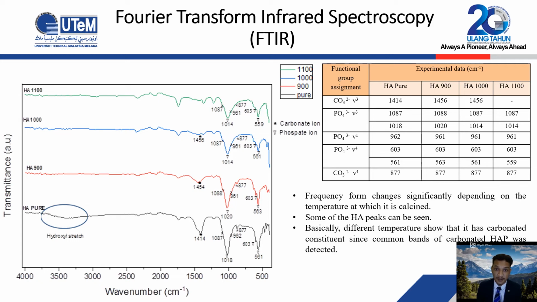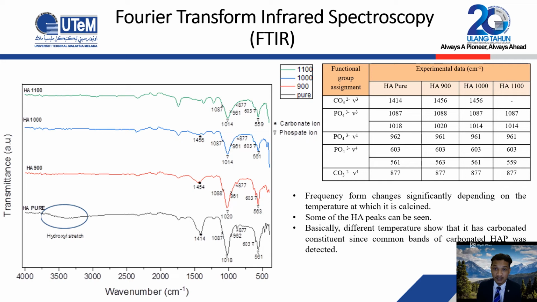After the heat treatment process, the hydroxyl band is absent due to the heat treatment. Basically, all samples show that they have carbonate constituents. Common bands of carbonate HA were detected. This indicates that HA produced at 900 degrees Celsius contains higher carbonate ion concentration.